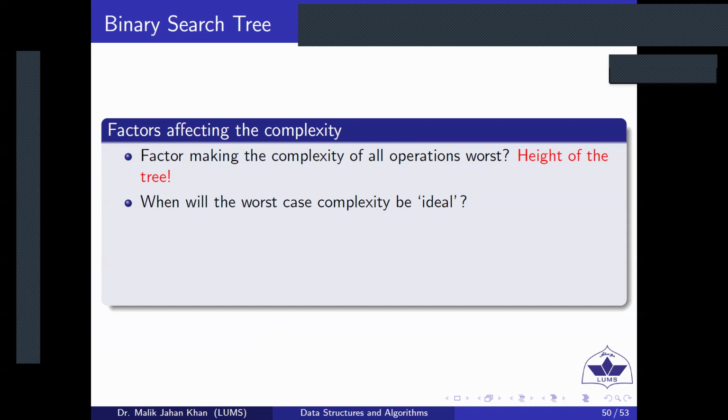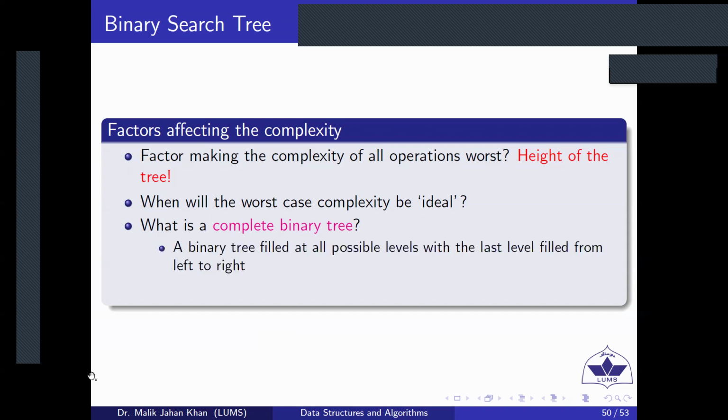And then the question is that what will be the ideal kind of worst case complexity, or in other words, what will be the ideal kind of height of the tree? And the answer is that we need to have another kind of tree which is called complete binary tree. So a binary tree which is filled at all possible levels with the last level filled from left to right. That means that we are going to compact many nodes into a smaller height.